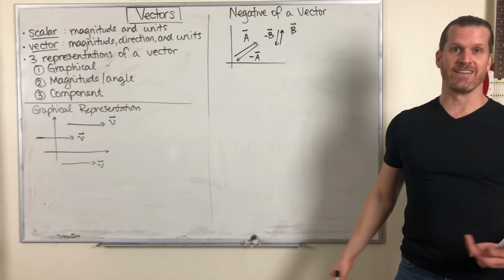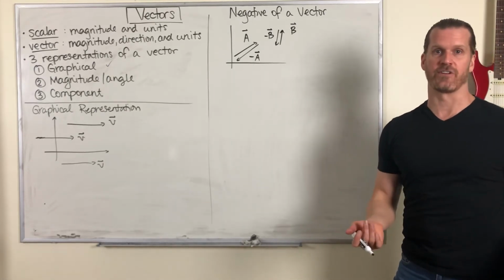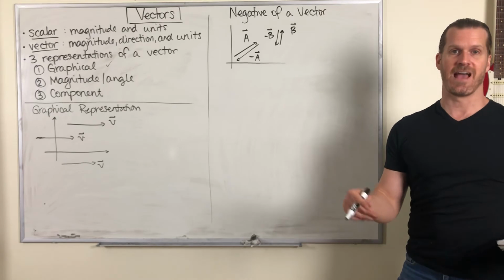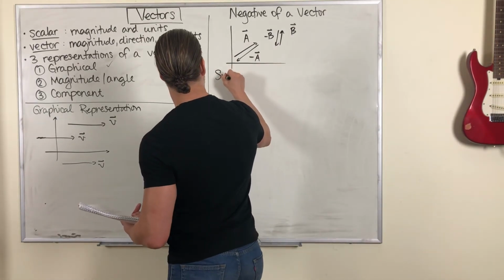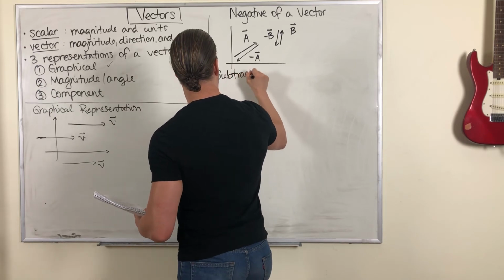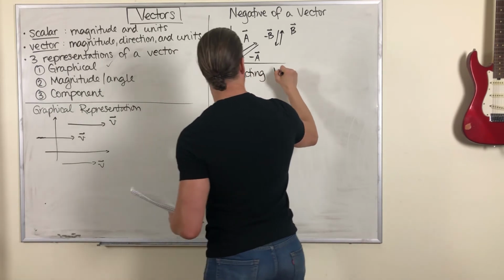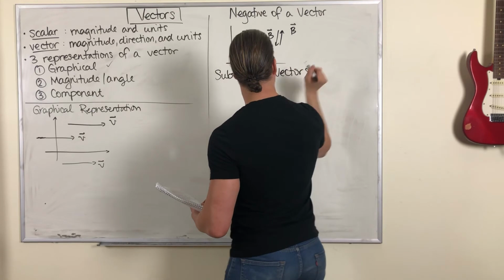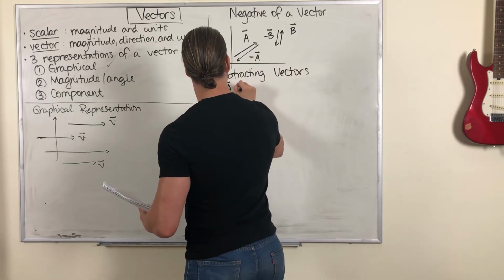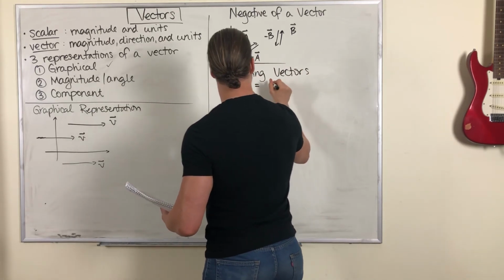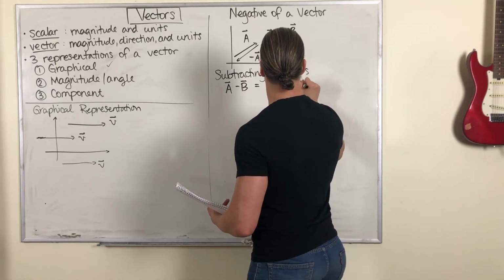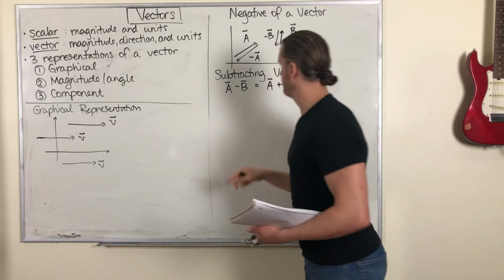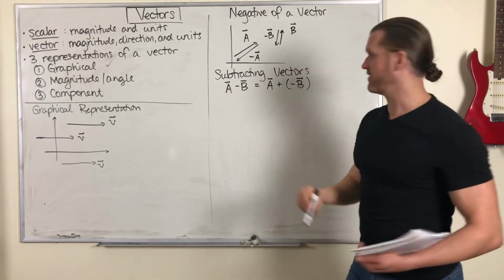And now that we've defined negatives, that means we can define subtraction, because subtraction is just adding the negative. So A minus B is the same thing as A plus negative B. So let's do that for our A and B vectors there.